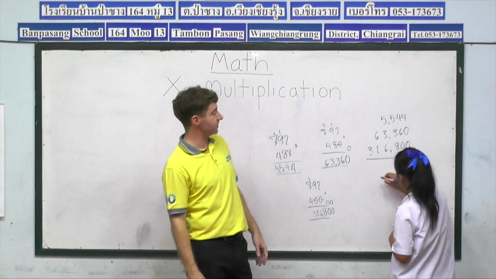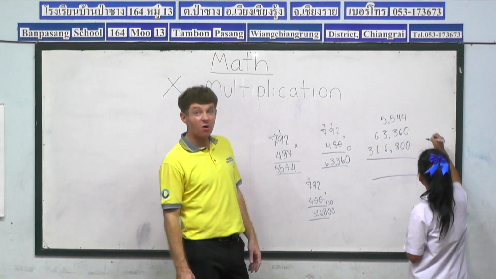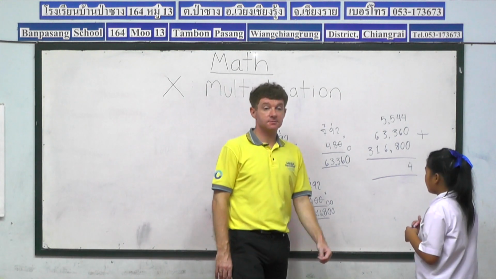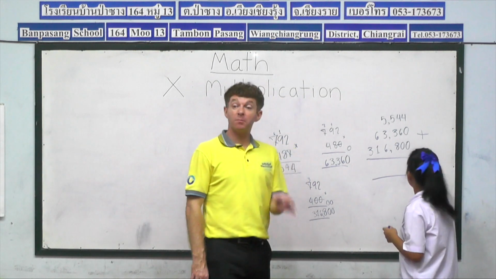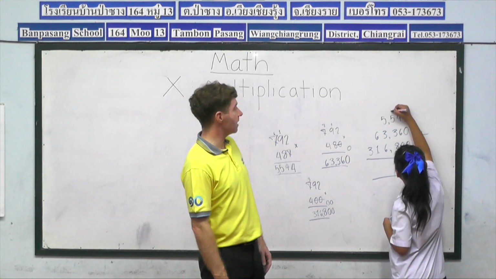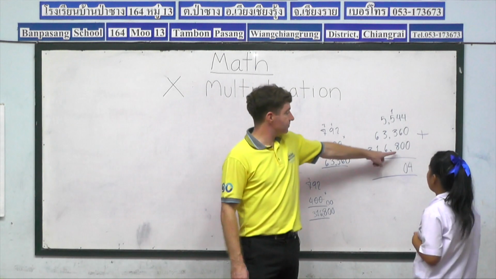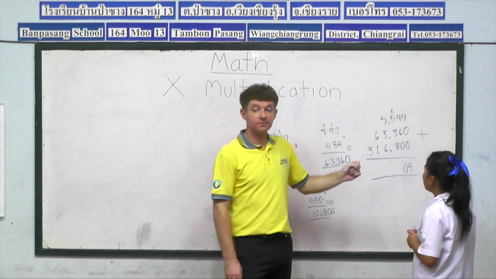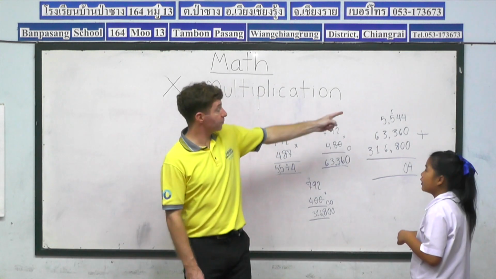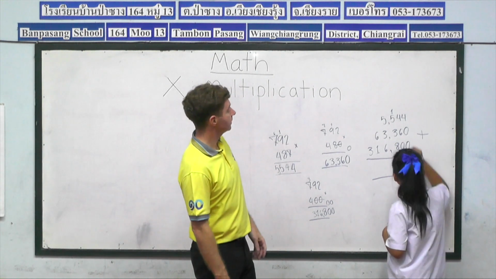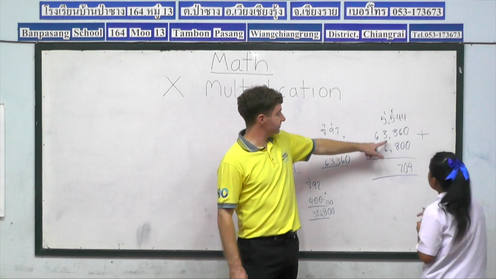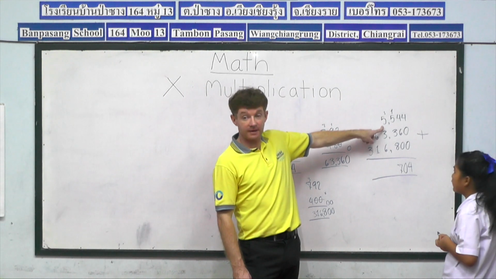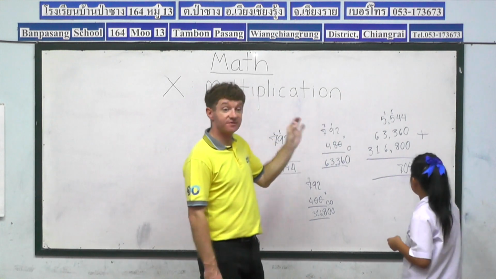And we can calculate together. 4 plus 0 plus 0 equals 4. 4 plus 6, 10 plus 0, so we carry the 1. 8 plus 3, 11 plus 5, 16 plus 1, 17. 6 plus 3, 9, plus 5, 14 plus 1, 15.